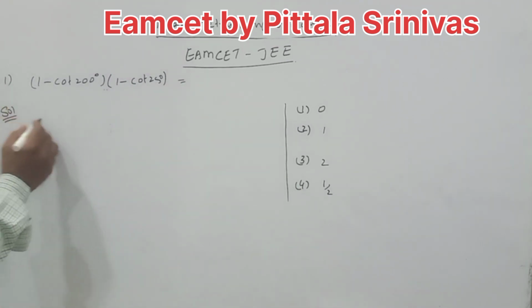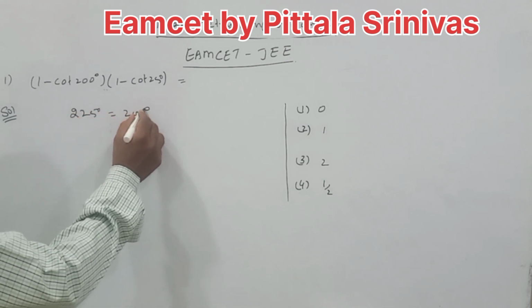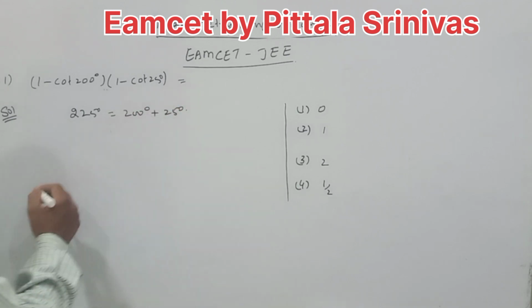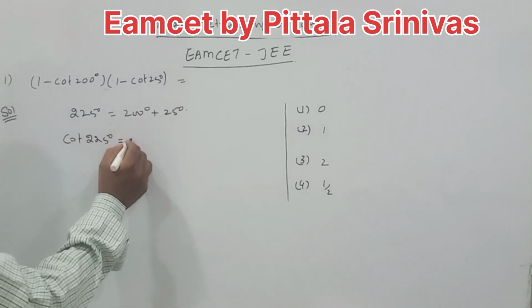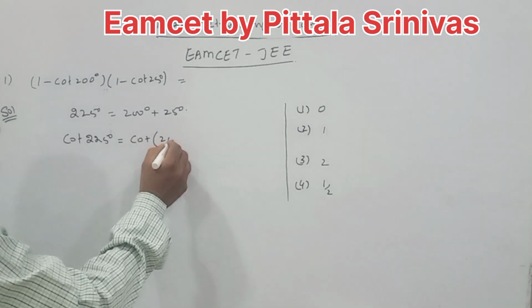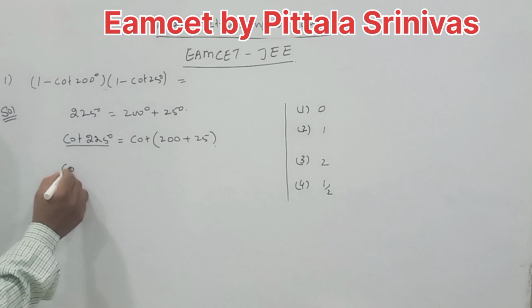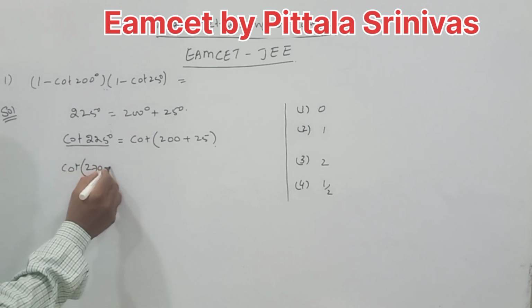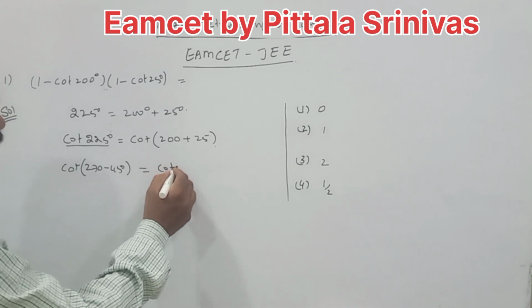So we know 225 degrees is equal to 200 degrees plus 25 degrees. So cot 225 degrees is equal to what? Cot of 200 plus 25. So cot 225, cot of 270 minus 45 degrees, is equal to (cot A cot B minus 1) by (cot B plus cot A).